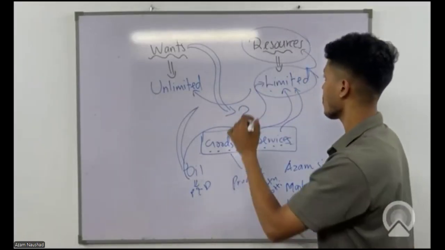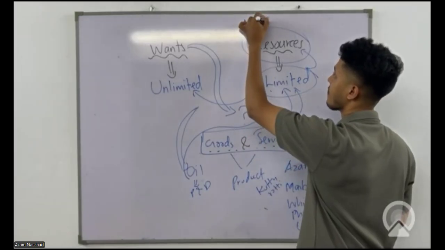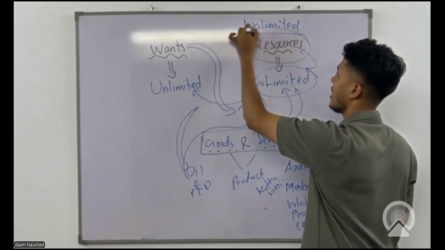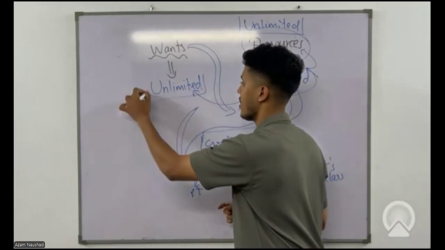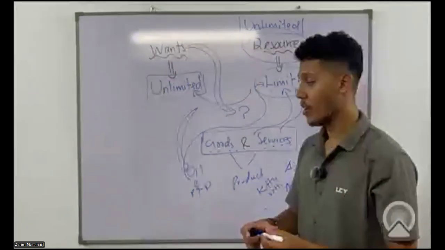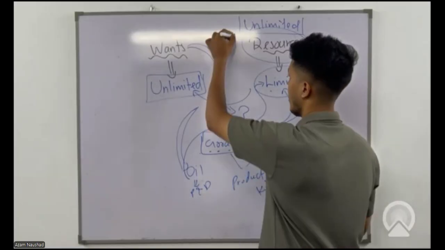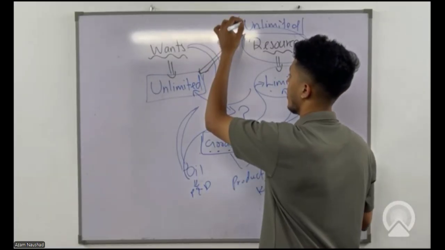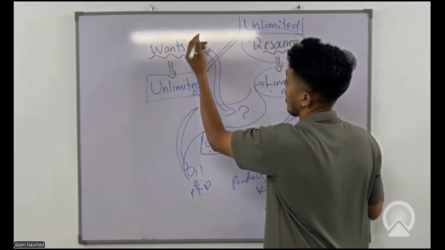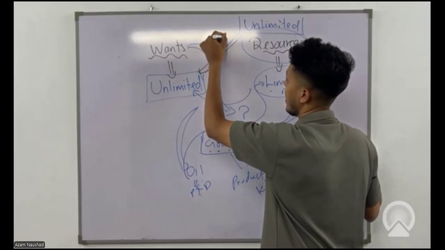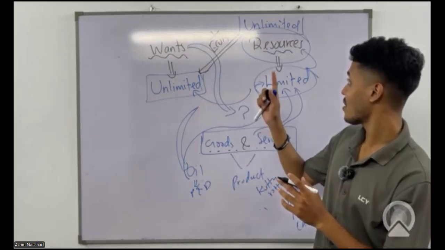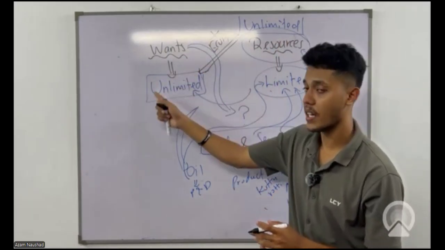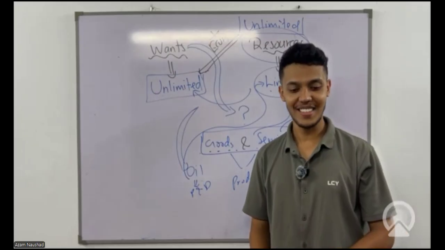So let's assume that resources are unlimited, okay? If resources are unlimited and also wants are unlimited, we might not have gone through a subject called economics, which means economics would not be there if the resources were unlimited when we compare with the wants. So happy, right?